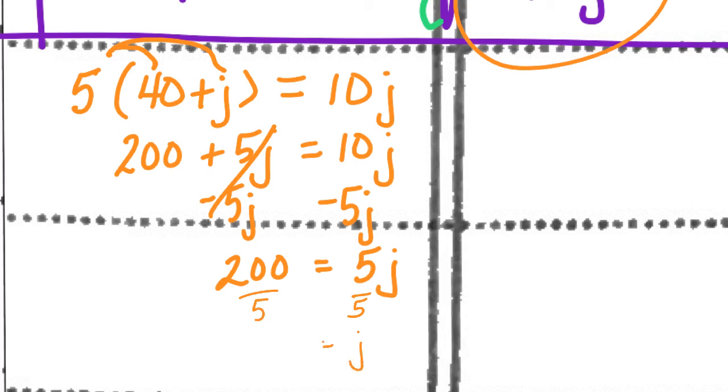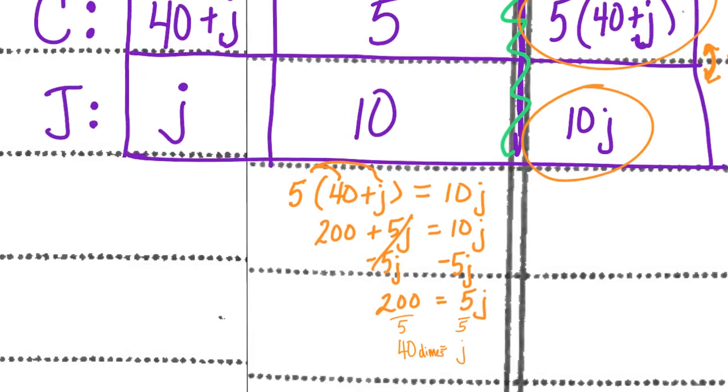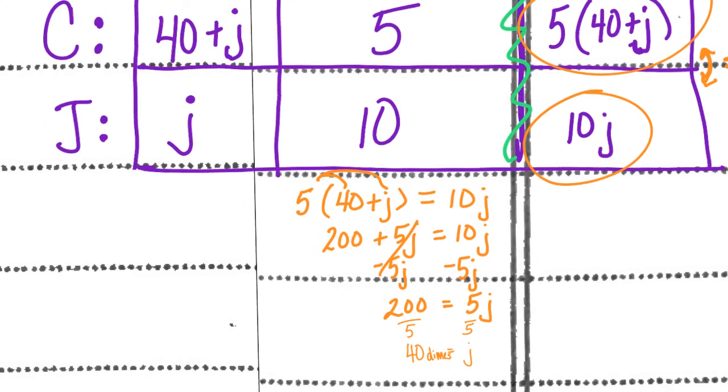So Joan has 40, what did she have? She had 40 dimes. Well, let's go back to our chart. If Joan has 40 dimes, well, Carrie has 40 plus 40, which is equal to 80 nickels. And you would want to answer it like that.